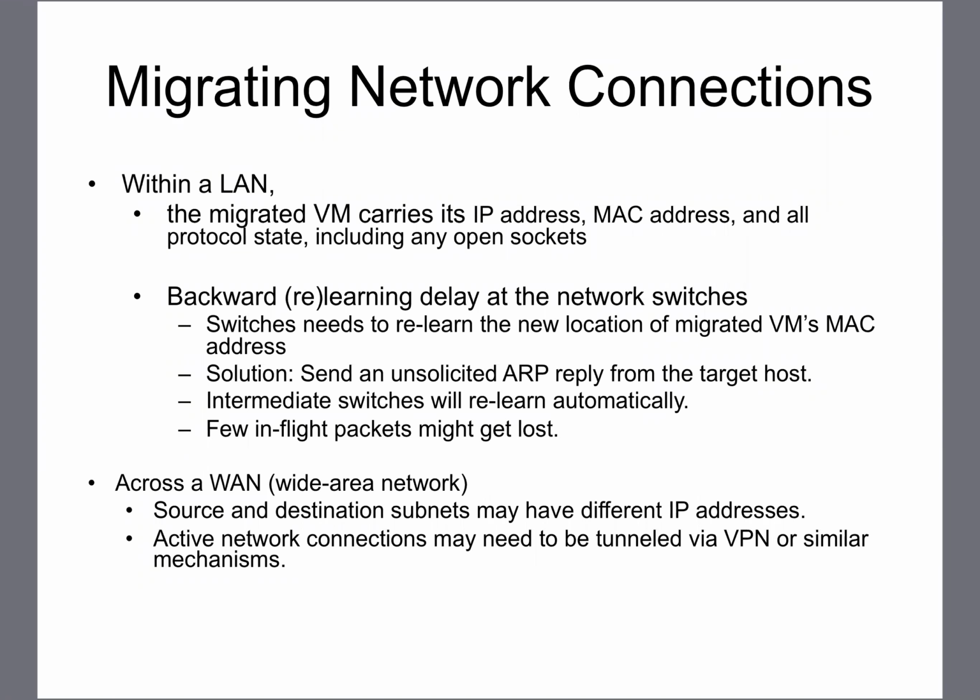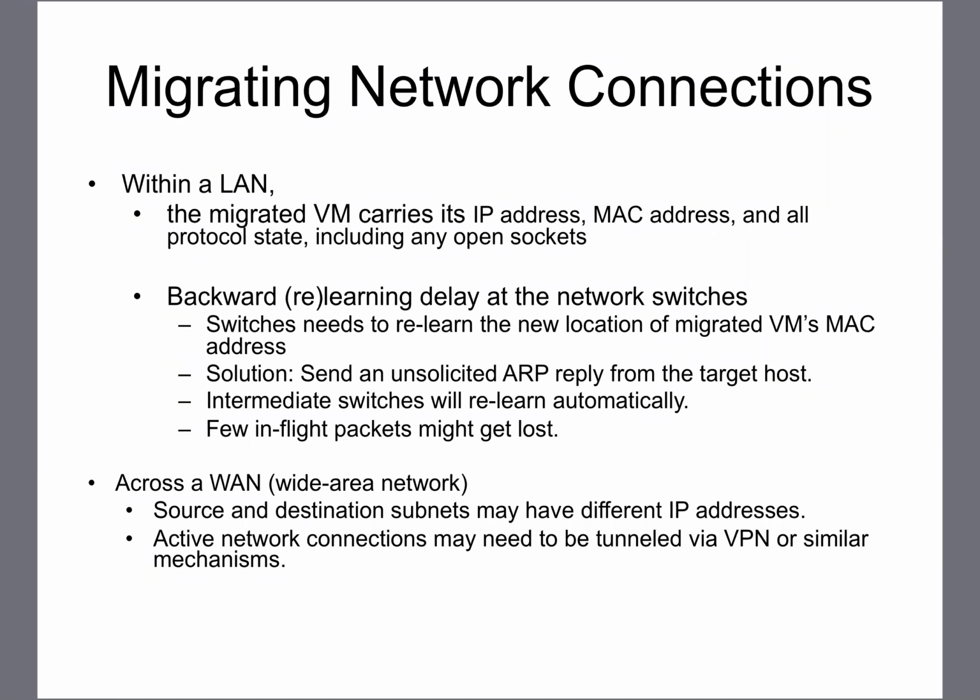So all the live migration mechanisms go to great lengths to maintain network connections. And there are certain network specific issues that you need to consider when doing live migration. There are two cases that we need to worry about. One is a local area network, that is, you're migrating a VM within the same network from, say, one part of the network to another.